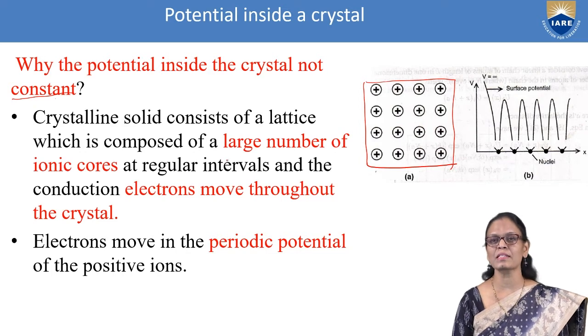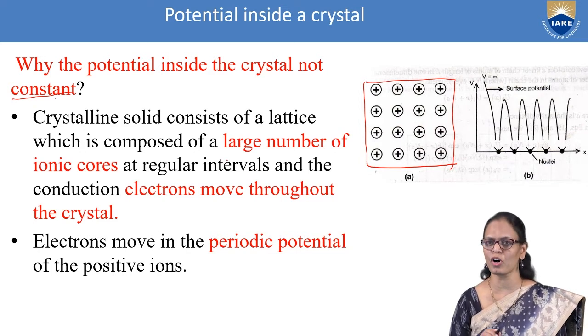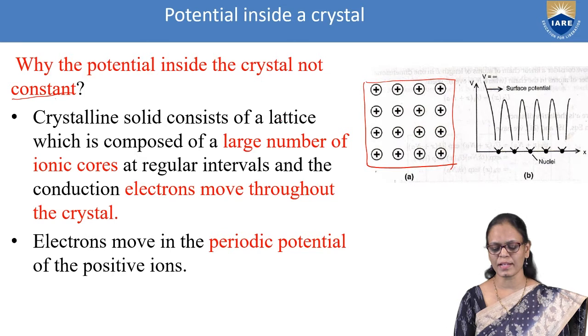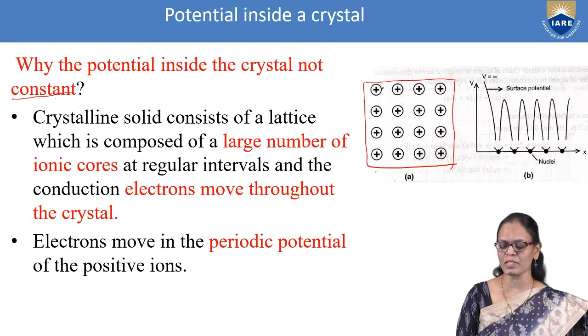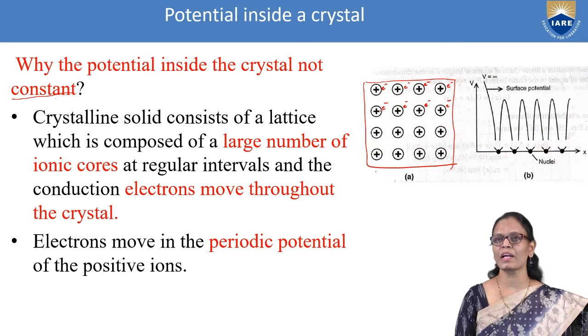Crystal lattice means a regular arrangement of atoms. But in a crystal lattice, when the electrons are made free, if you remove the electrons, what happens? You are left with positive ion cores. That is why we are showing the positive ion cores, spaced at regular intervals.